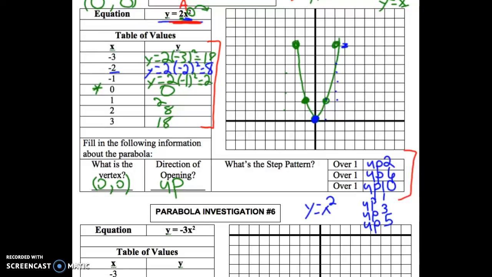If you remember, the parent function I'll draw in red is 0, 0, over 1, up 1, over 1, up 3, over 1, up 5, over 1, up 1, over 1, up 3, over 1, up 5. This is my parent function.